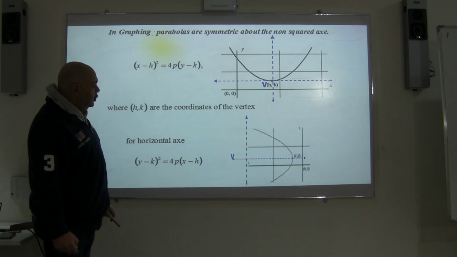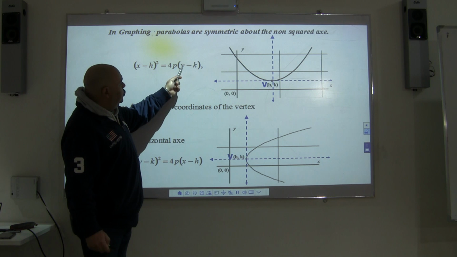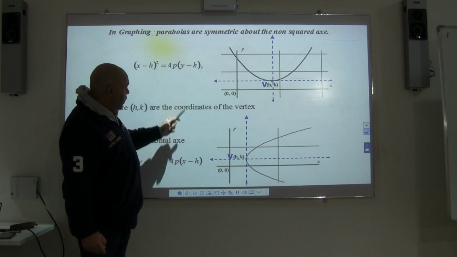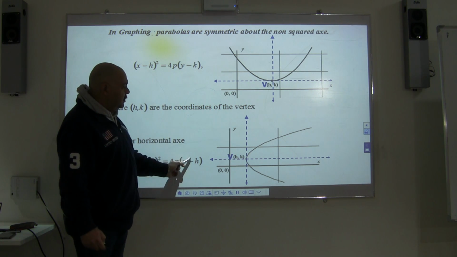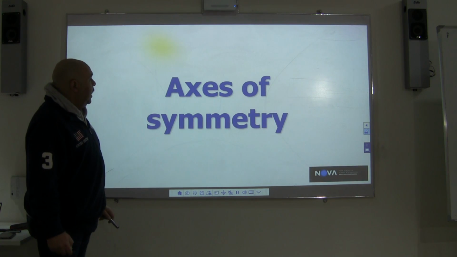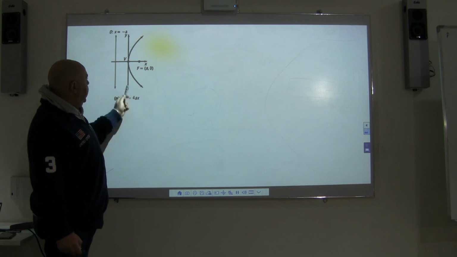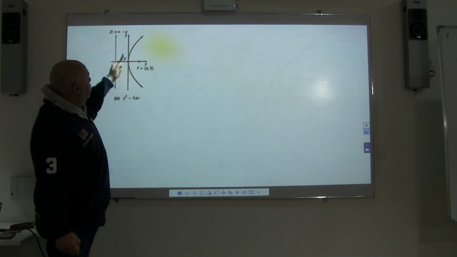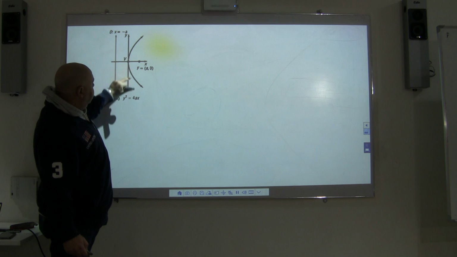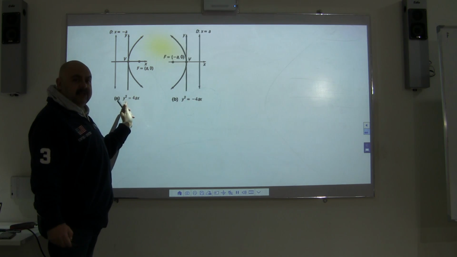In case of a horizontal axis, as you can see here, it's symmetric about the y-axis because it doesn't have a square. Here it's symmetric about the x-axis because it is the x that doesn't have a square. Axis of symmetry, this is y squared equals 4a x. So this is the parabola, and it opens in the a direction. If this sign is negative, it's going to be on the opposite side.